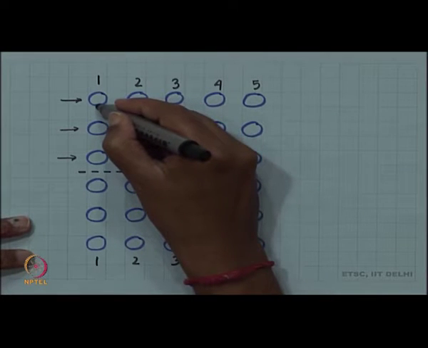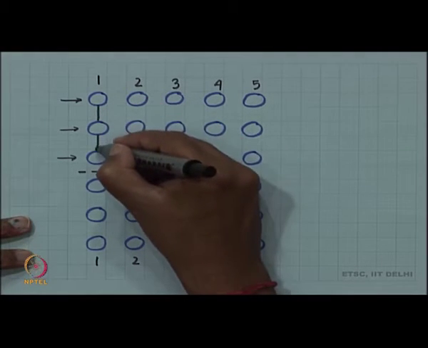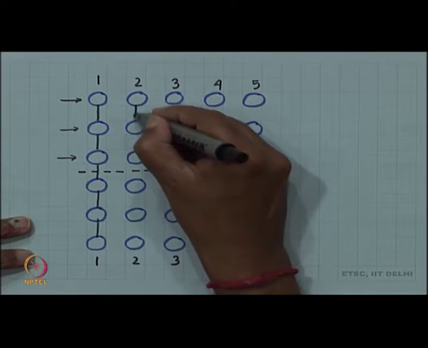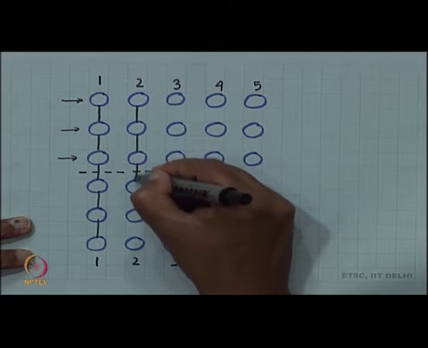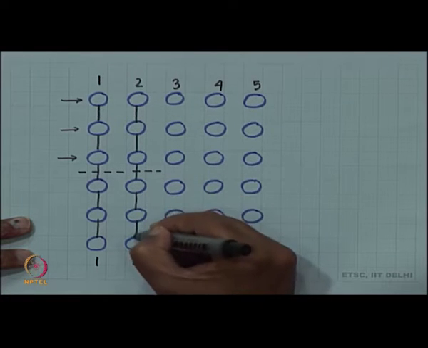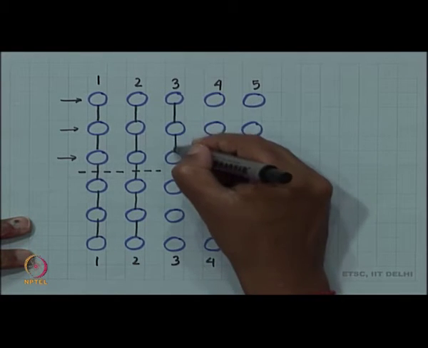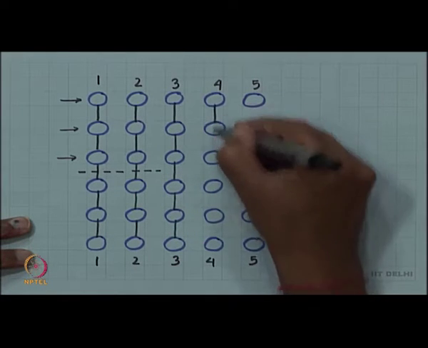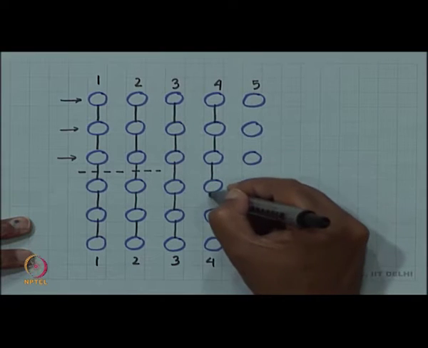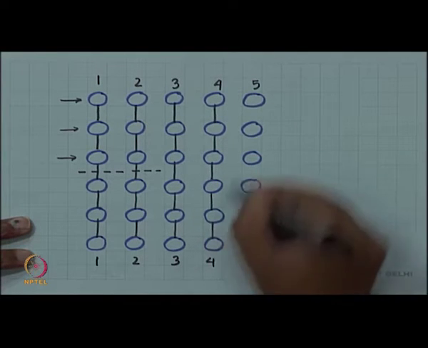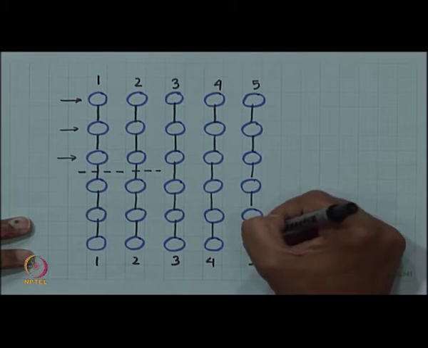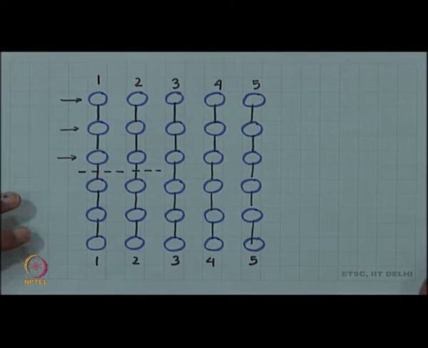Think of these as vertical planes. So, I have these vertical planes and I have cut these bonds here.